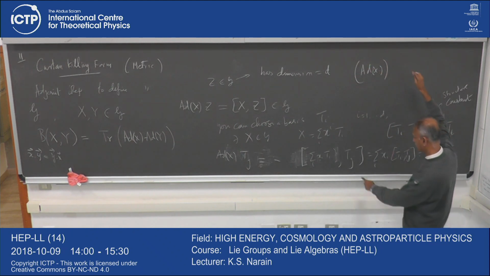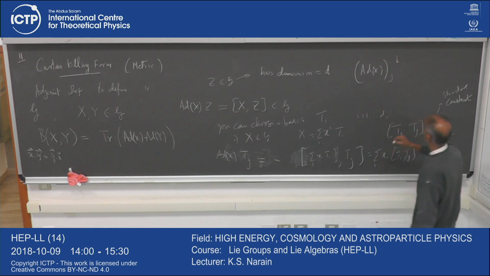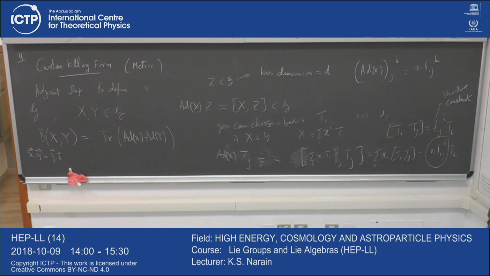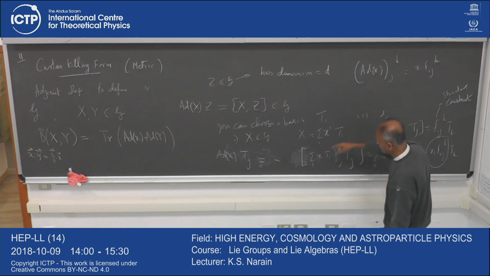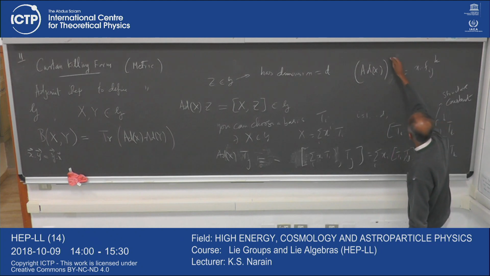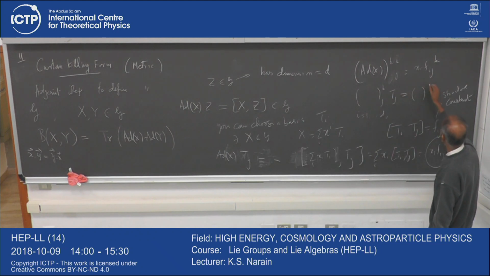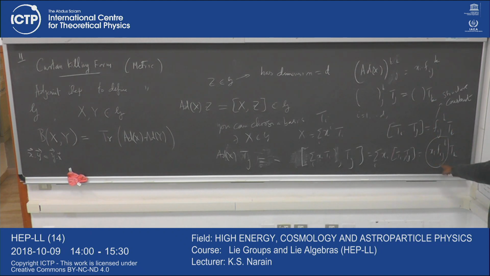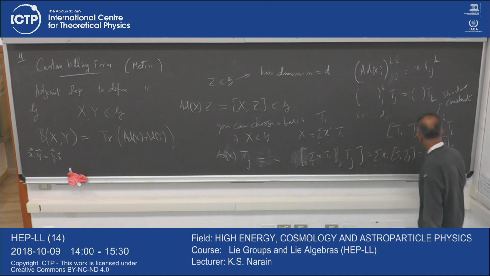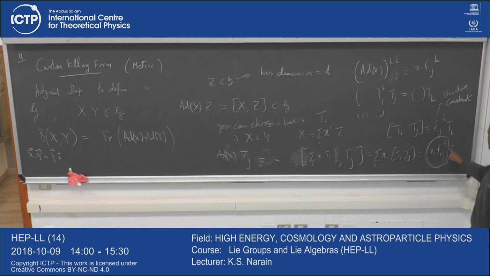So let's say (ad X)_jk is equal to Xi f_ijk. Or maybe it's the other way, maybe there's a minus sign. If I act on Tj, this matrix gives exactly this combination times Tk. That's what this equation is saying: ad X acting on Tj gives you this combination summed over k, Tk.